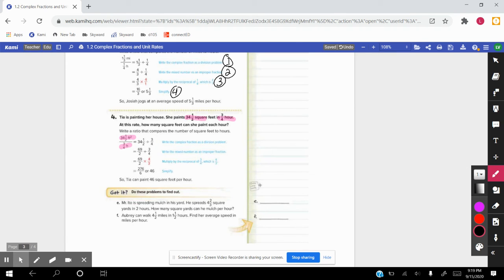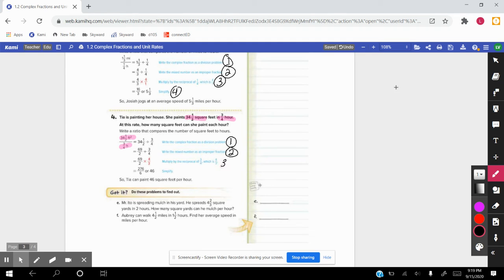So step number 1 is to write the complex fraction as a division problem. So 34 1/2 divided by 3/4. Next step is to write the mixed number as an improper fraction. So that's step number 2. 69 halves divided by 3/4, because you do 34 times 2, which is 68, plus 1 gives you 69.